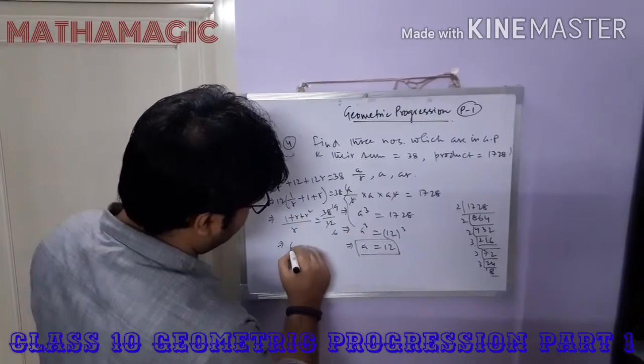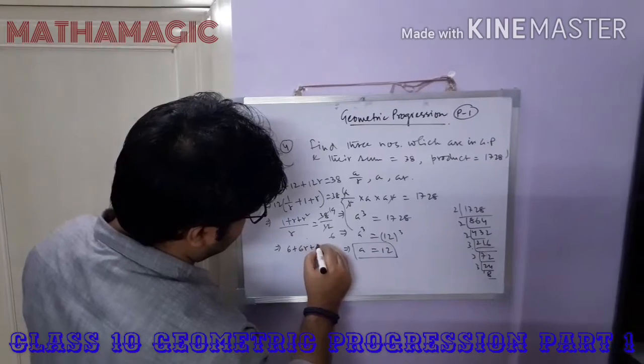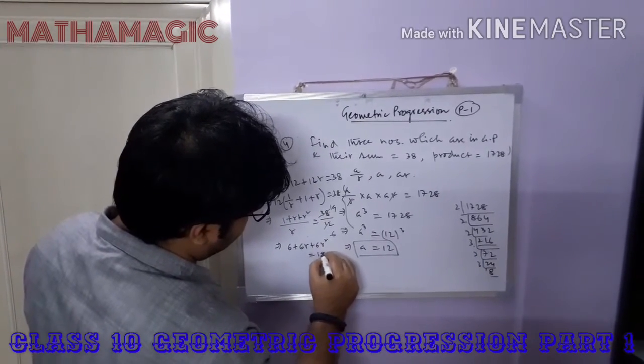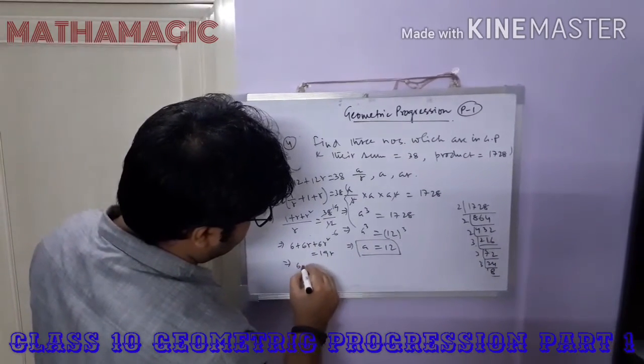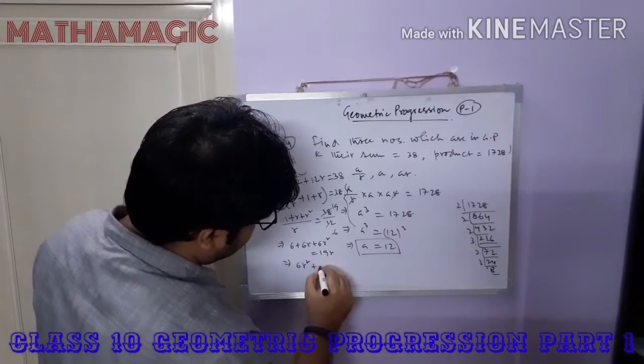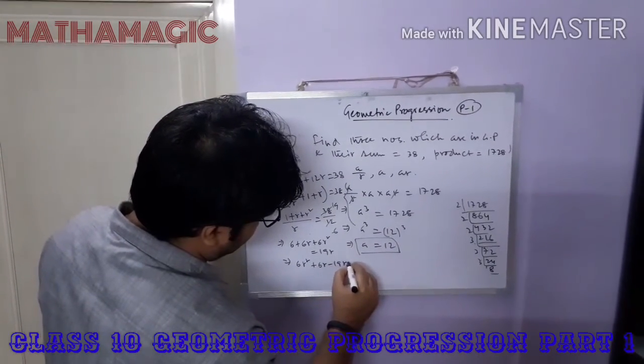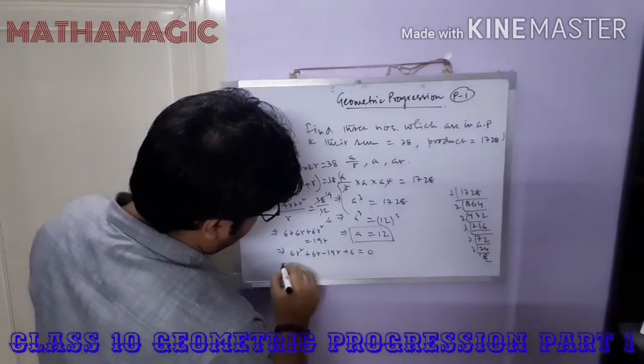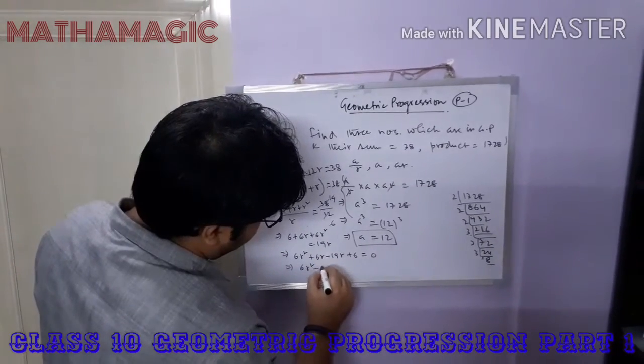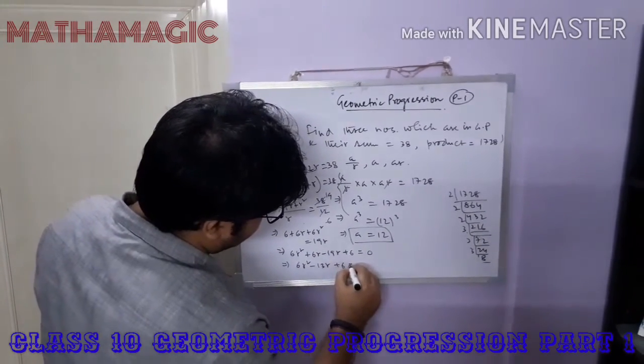Just do the cross multiplication. So it will become 6 plus 6r plus 6r square equals 19r. So 6r square plus 6r minus 19r plus 6 equals 0, so it will be 6r square minus 13r plus 6 equals 0.